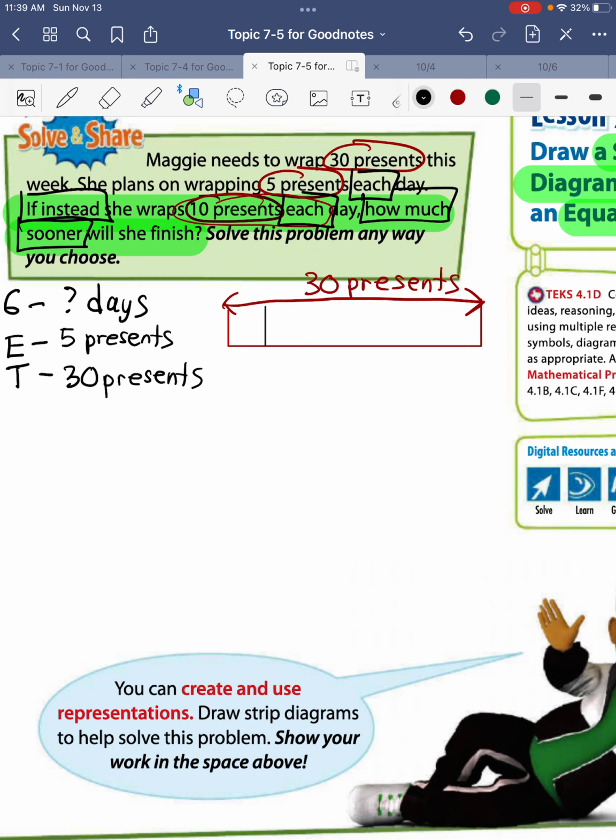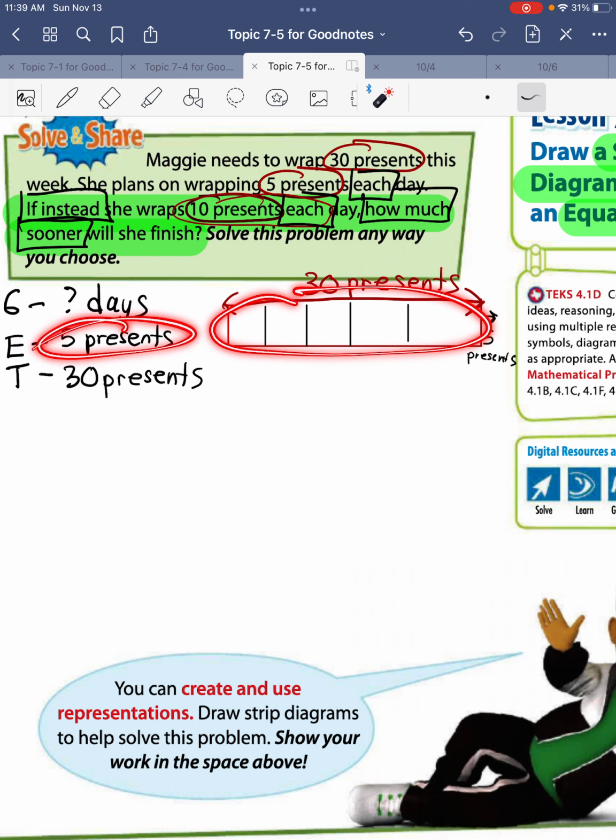So 1, 2, 3, 4, 5. Okay, so my 30 presents, these are my 5 boxes. Well, these are my 5 presents each day. Just so you know why I'm making 5 boxes, it's my 5 presents, okay?